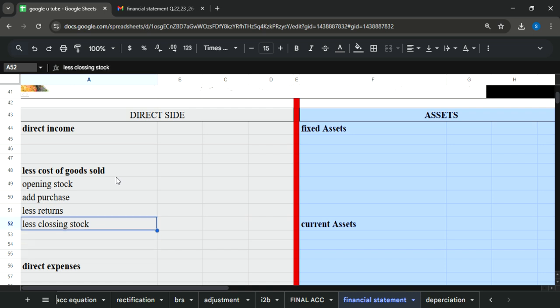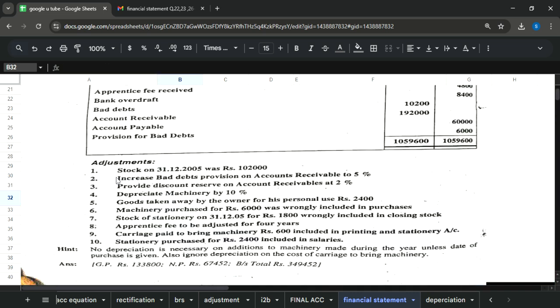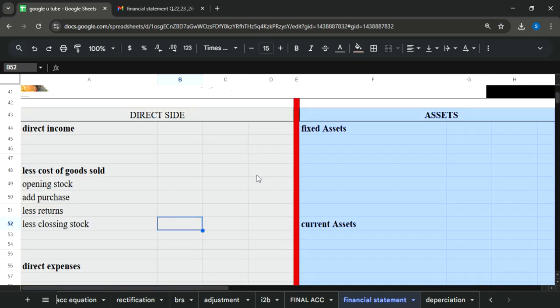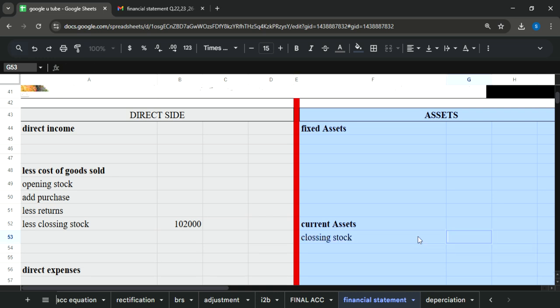Let's see if there is any amount related to cost of goods sold statement but not present in the normal case. Stock 102,000, just put the amount in front of it, and as its second effect we will go to the current asset side, and there we will write 102,000. So two effects.